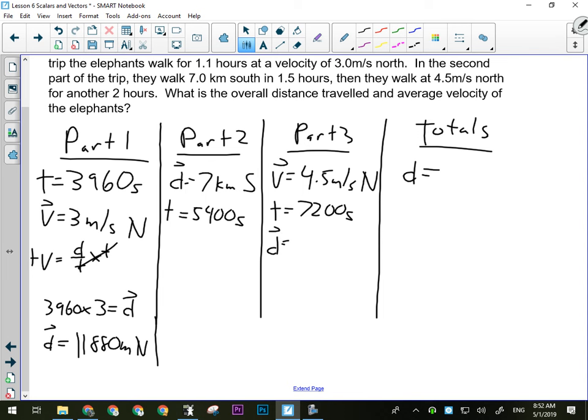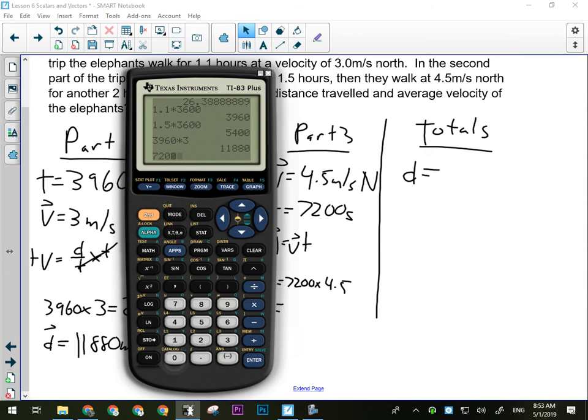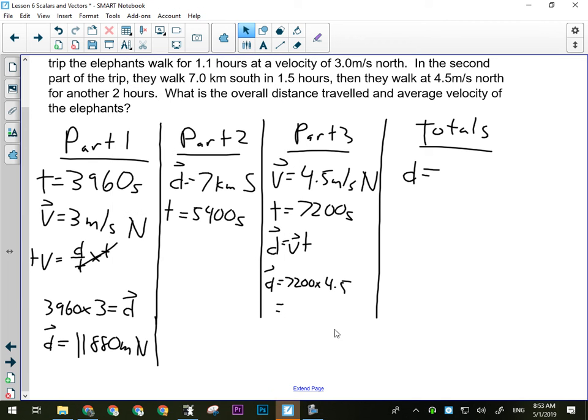So displacement will be velocity times time, and so that will be 7,200 times 4.5. So we're looking at 32,400 meters, and that's north.